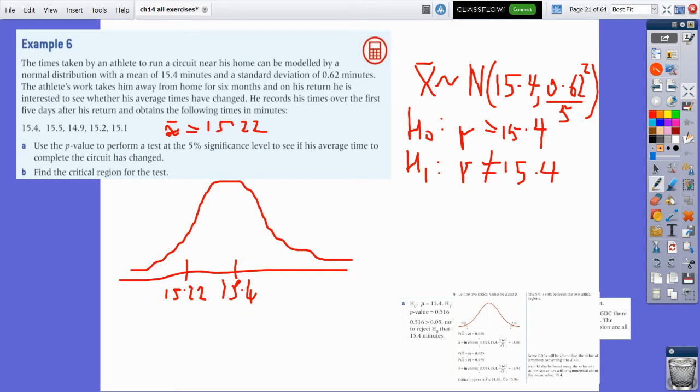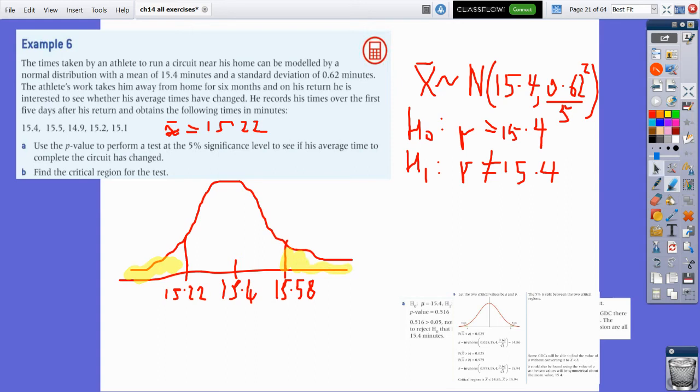That's what we're asking on this side. So we'll also need to find out the probability of being the same distance away on the other side and adding those two things together. So I'm getting 15.58 on that side. So now I need to work out the area which is trapped in here and in here. And that's my p-value.